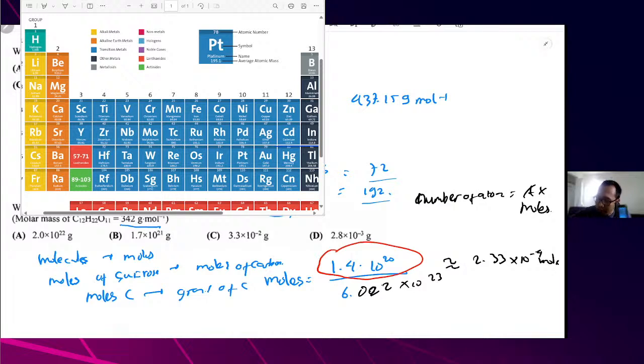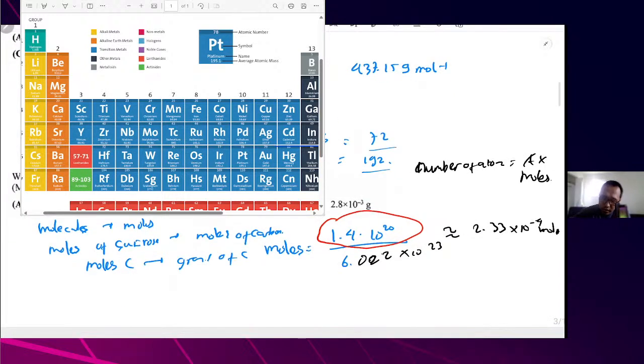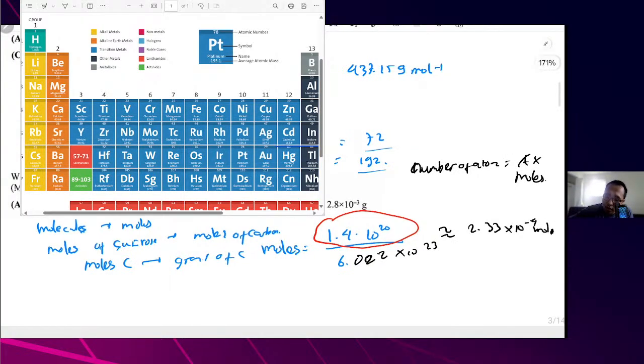And then sucrose consists of 12 carbon atoms per molecule. This is for the whole molecule, but for carbon it's just 12.